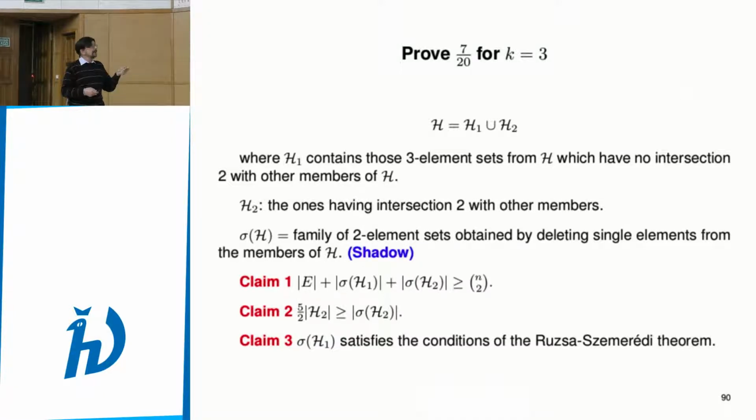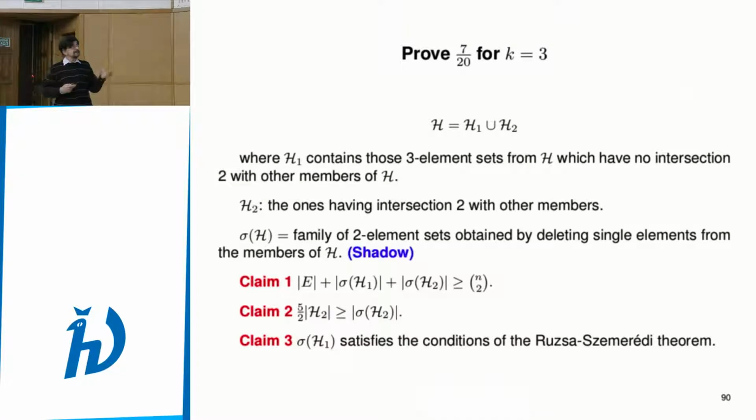Now we had claim 1, claim 2, claim 3, and now we are speaking about H1. So these are the 3-element sets which don't have another 3-element set with 2 common elements. If you take the 2-element parts, that will be a graph which is obtained from 3-element sets which form triangles actually in the graph, edge-disjoint triangles.